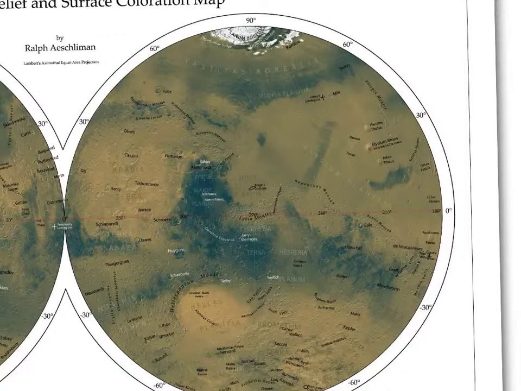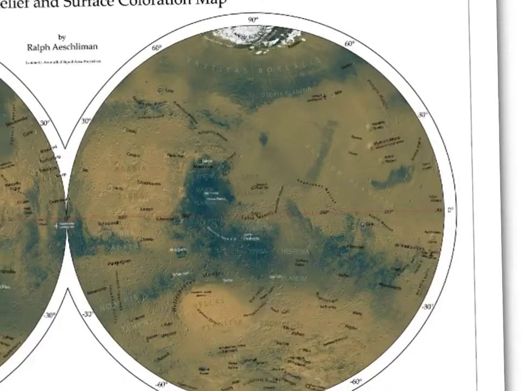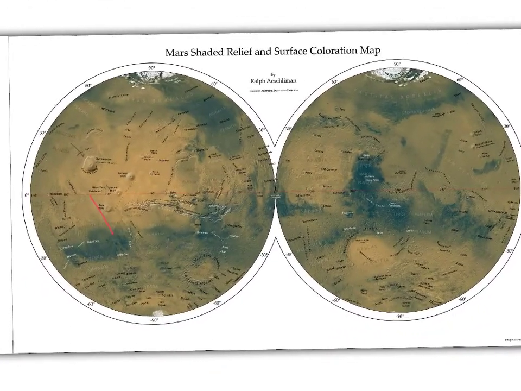Southern hemisphere is older, been around longer, been whacked from space more often than the northern hemisphere, which is younger. Something has happened in the northern hemisphere to wipe out older craters, and this is a younger surface that has not had as much time to pick up impacts from space.